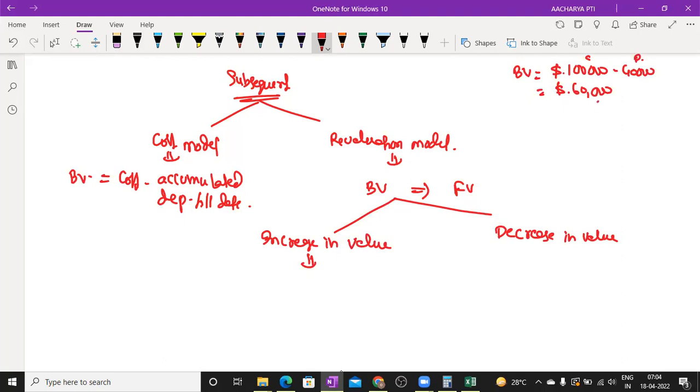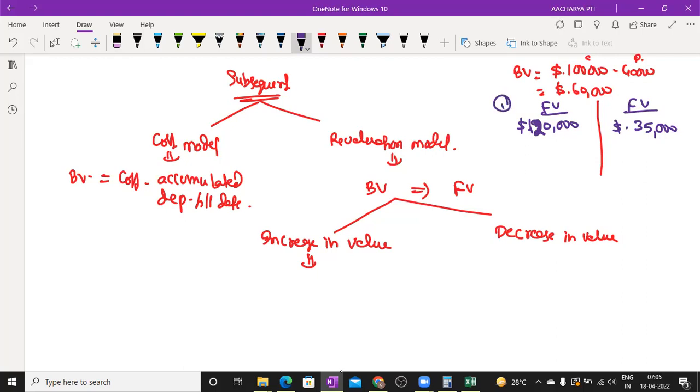Then there are two ways. One is that the fair value of the asset is, for example, 1,20,000. Or else the fair value is, for example, 35,000. Two cases: either an increase in value or a decrease in value.